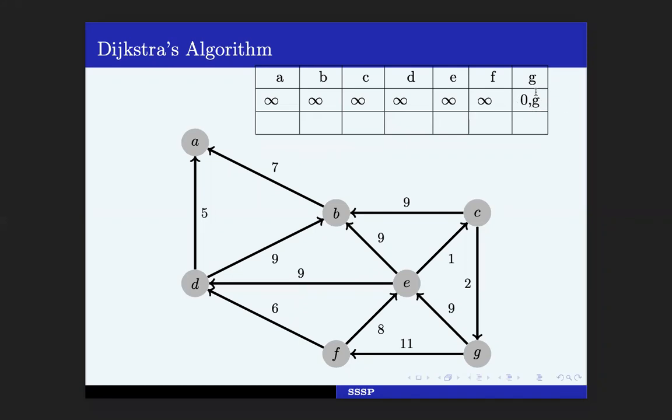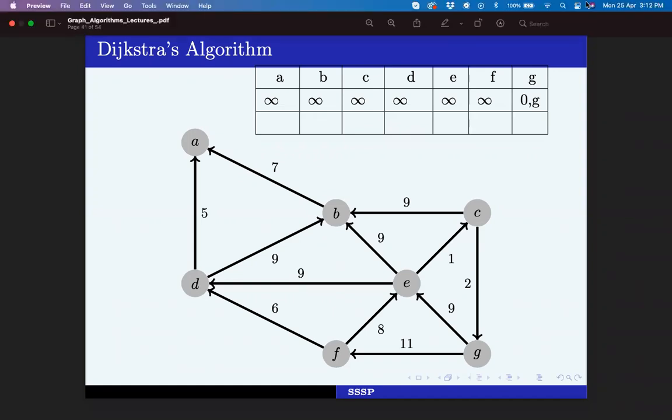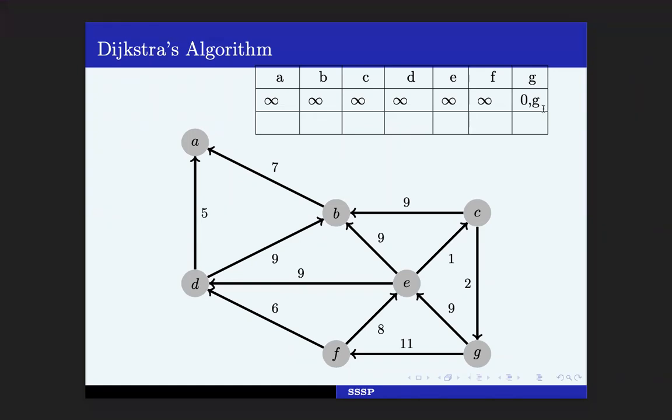So you start with this, and the second row will be the things for which I have completely got the answer about the shortest path. Here at this point, we have certainly got the answer of the shortest path between G and itself. Any doubt? So I can put G in this side. Once I put G here, I know the shortest path between G and itself is 0.